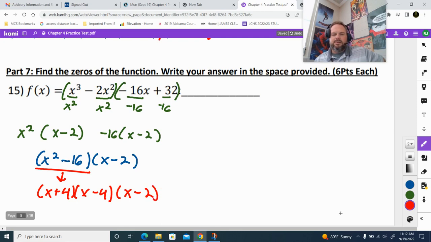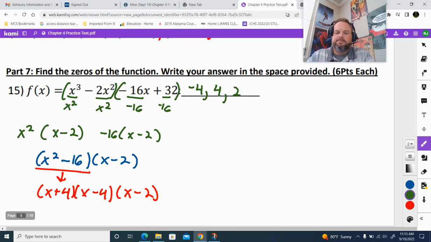Okay. But your zeros for this are -4, 4, and 2. Because remember, we're supposed to set those equal to 0, or if you get them to the parentheses part, it's the opposite sign.